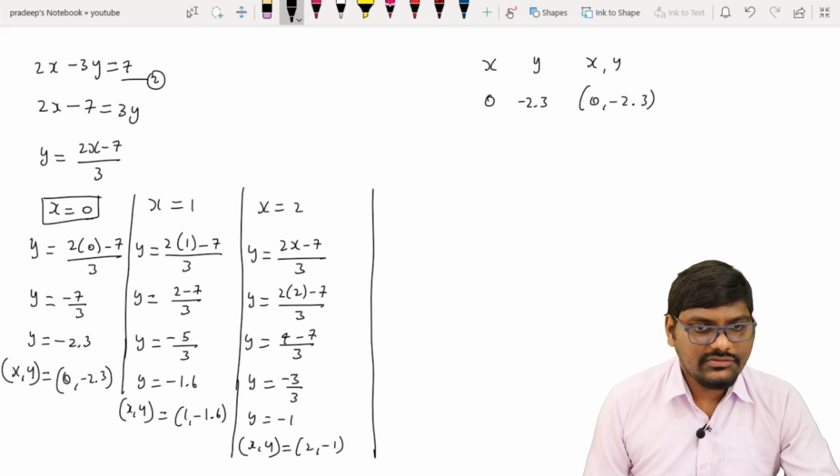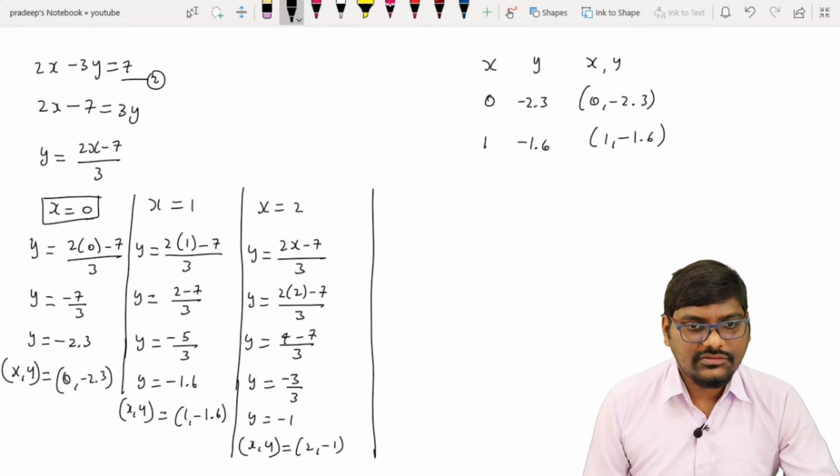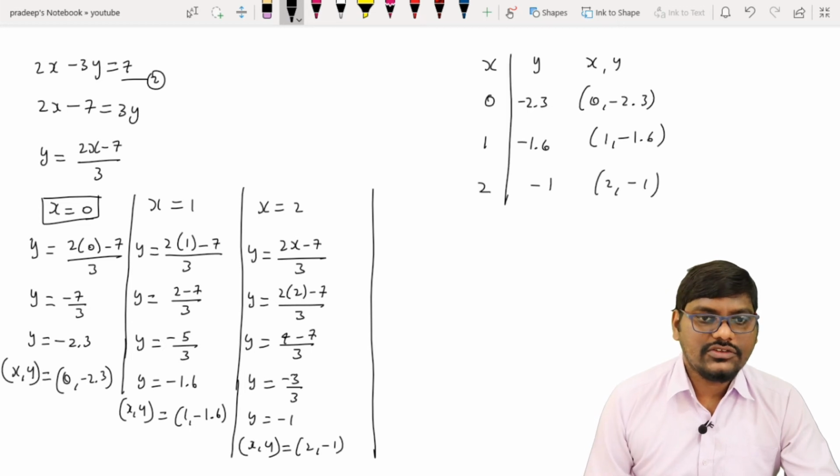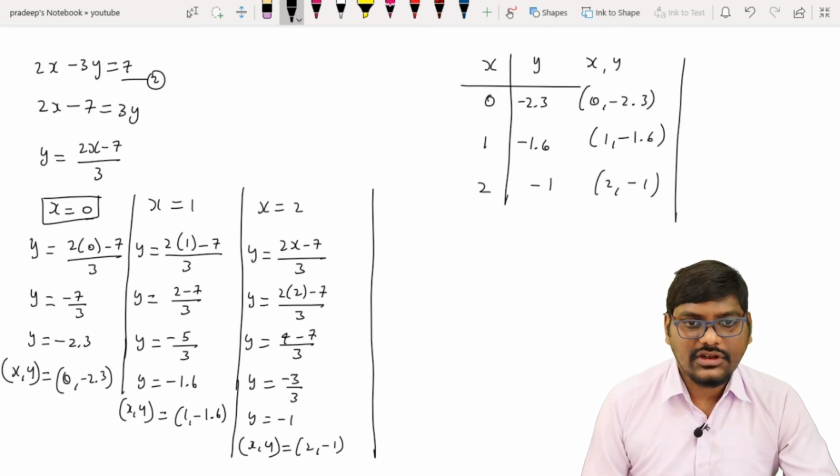In the second case I took x equal to 1, and then we got y as minus 1.6. So the coordinate is 1 comma minus 1.6. Then for x equal to 2 we got minus 1, so we got 2 comma minus 1. Alright, so this is the second equation.